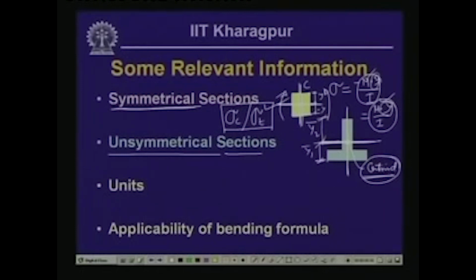So, once we locate the position of the centroid, the position of the neutral axis is known to us, and then the distribution of the strain and the stress with respect to this will be 0 at the neutral axis and some value over here and some value over here, because the distribution is a linear one. So, the distribution of the strain or the stress will be linear with respect to the zero strain and stress along the neutral axis.